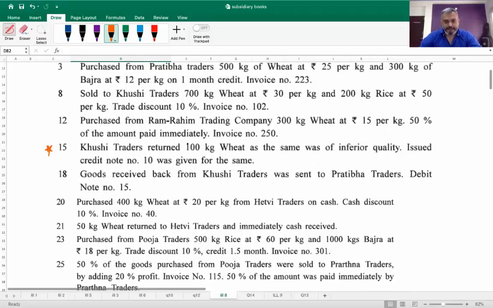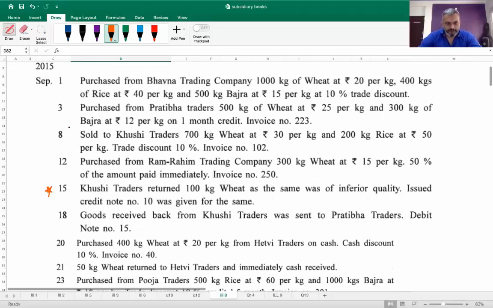Now for 15, you have to first go to the transaction of date 8. You sold to Khushi Traders wheat at what rate? At rupees 30. So now the 100 kg you are returning, that is also subject to trade discount. So you have to be careful.